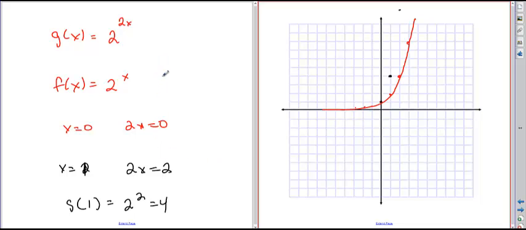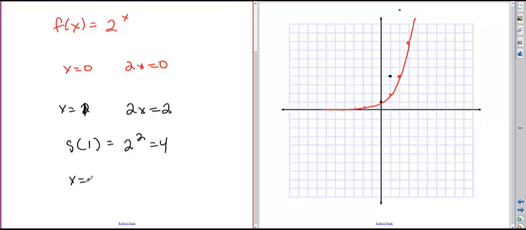And then if you look at some negative numbers, let's say x equals -1, 2x is equal to -2, and if we take 2 to the -2 power, it's equal to a fourth.